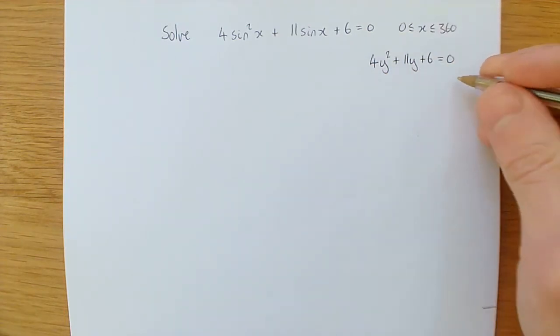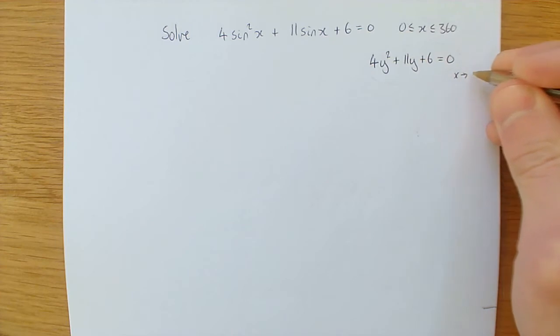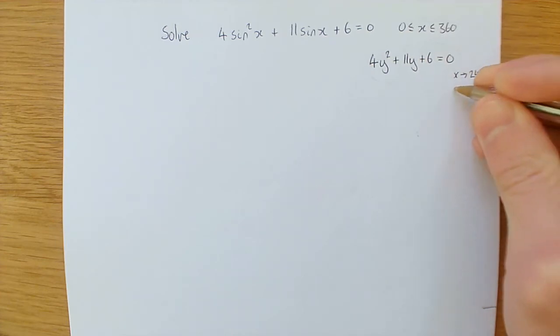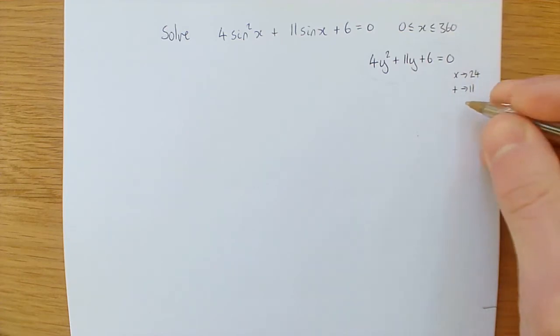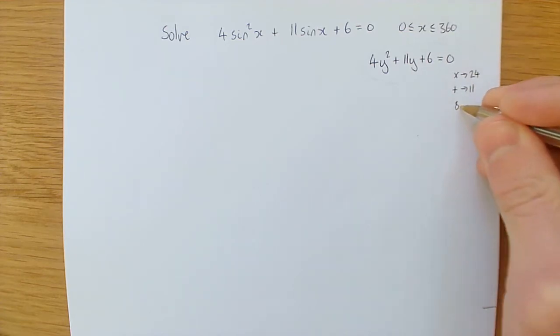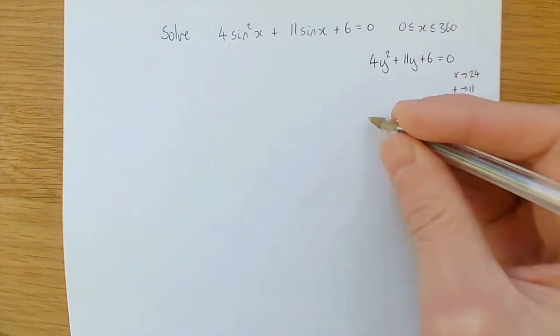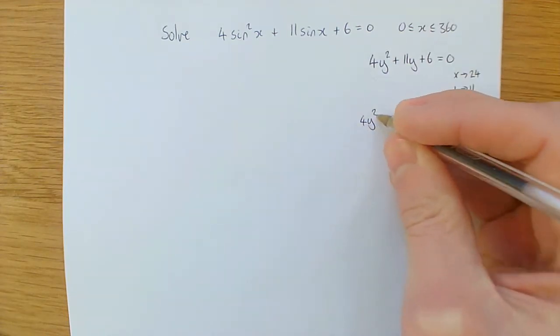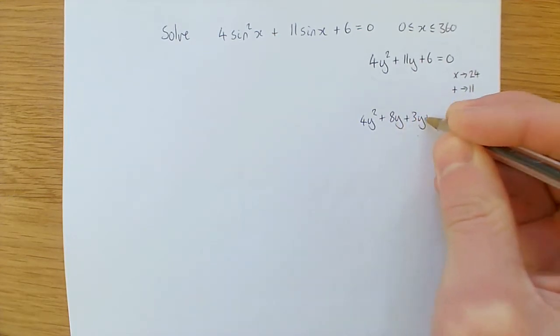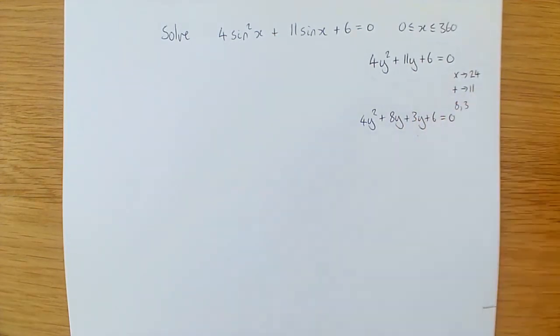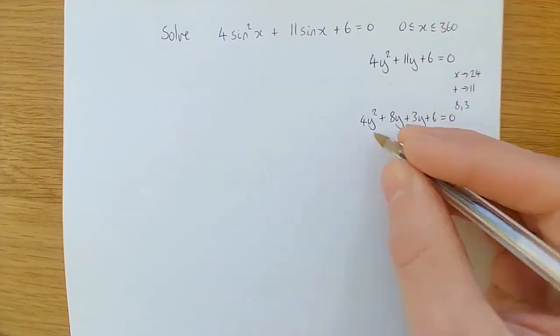Well, the first thing would be to factorize. We'd want two things that multiply to give 24 and add to give 11. A little bit of thinking should tell you 8 and 3. So we have 4y squared plus 8y plus 3y plus 6 equals 0. We then want to factorize each half.